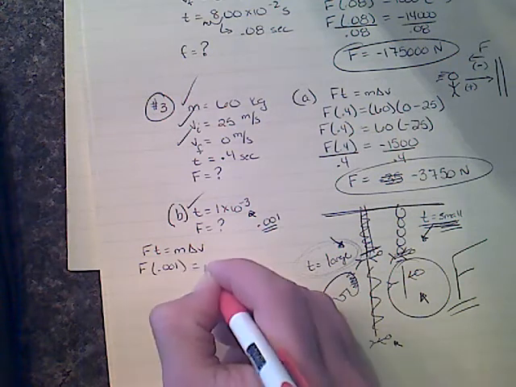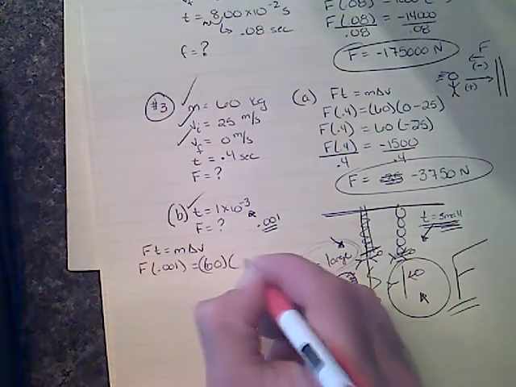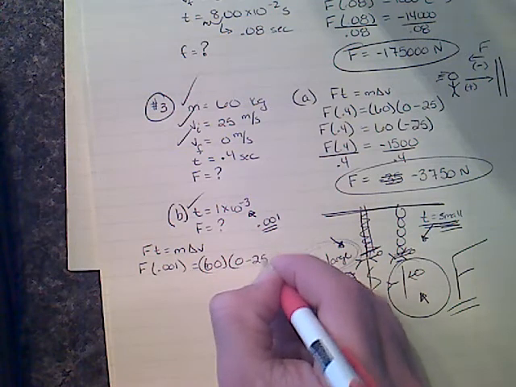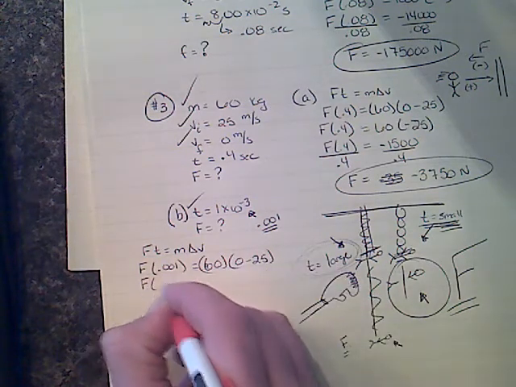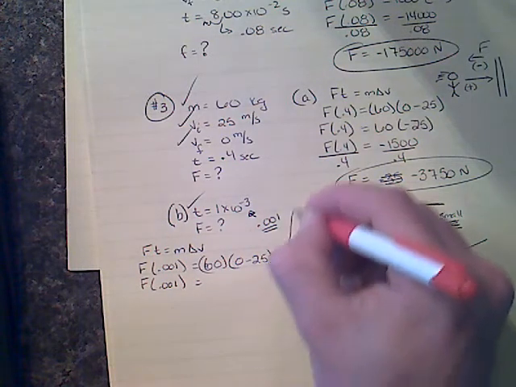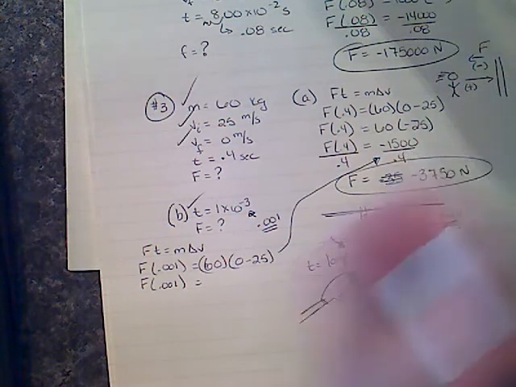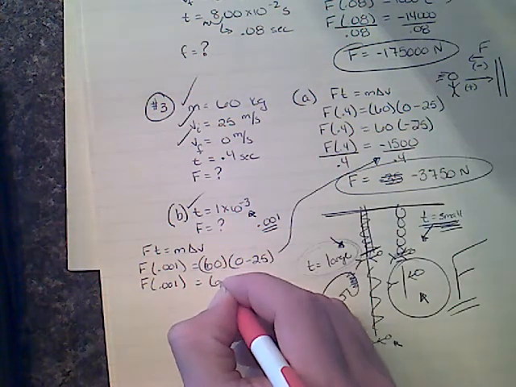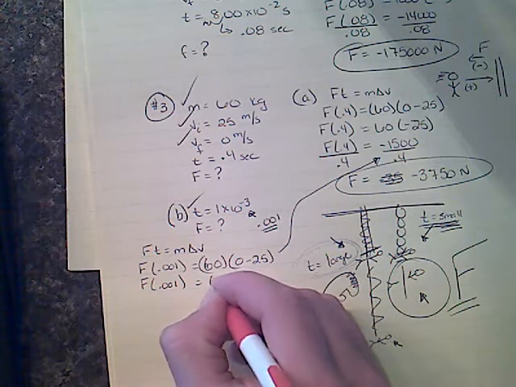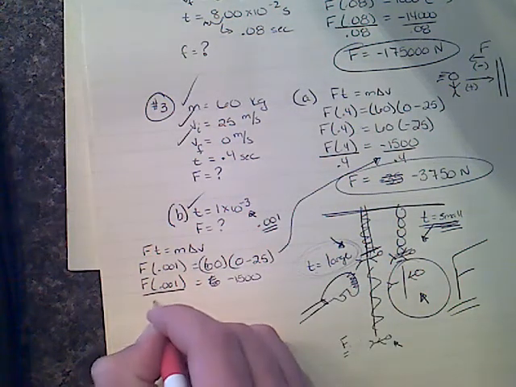So 0.001 equals m times 60 times 0 minus 25. We know from the last problem that we just did, right, up here, 60 times negative 25 is negative 1,500, and then let's divide.